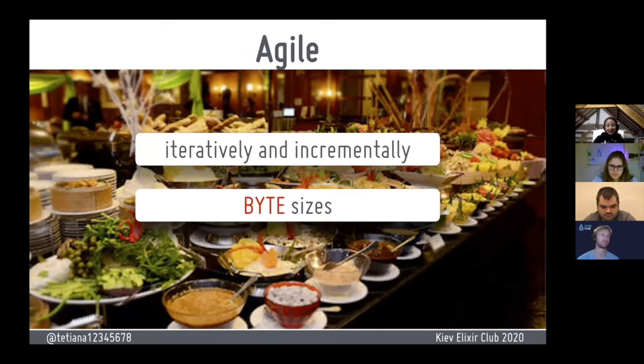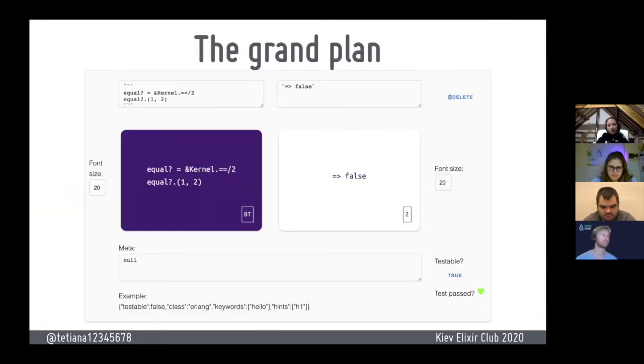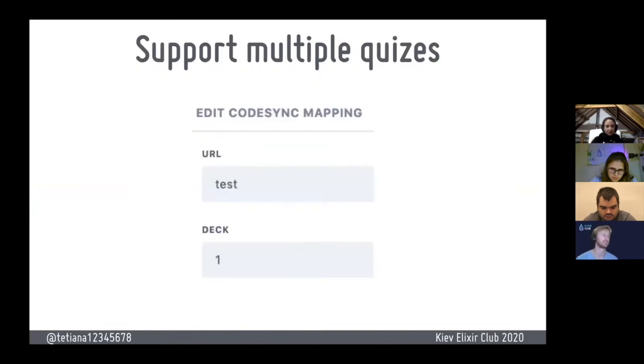In our release, our first bite was looking like this. We already have a way to create content via our editor, so we could create a mapping and point to the questions from the specific deck. Now the question was, how do we set up a specific quiz to point to a specific deck? By creating a mapping of quiz URL to the specific deck ID.